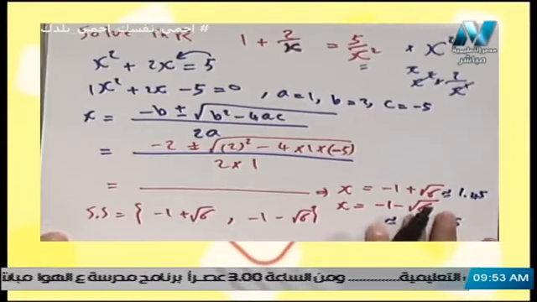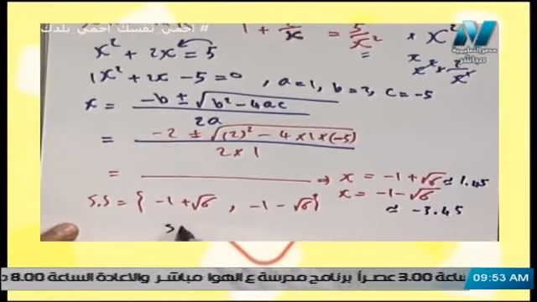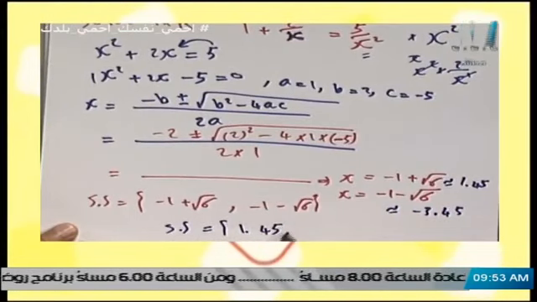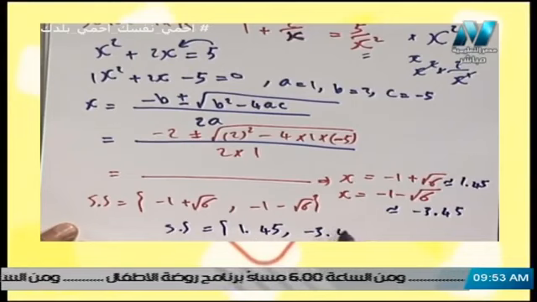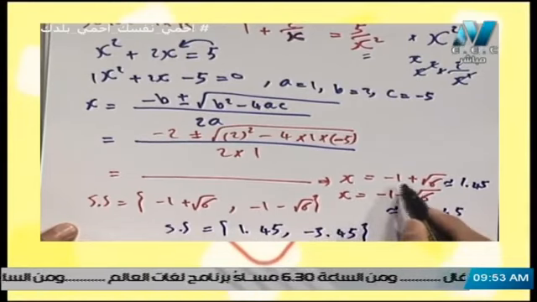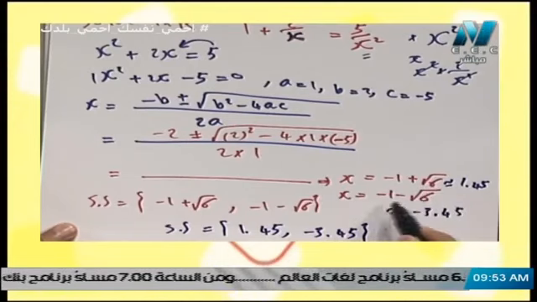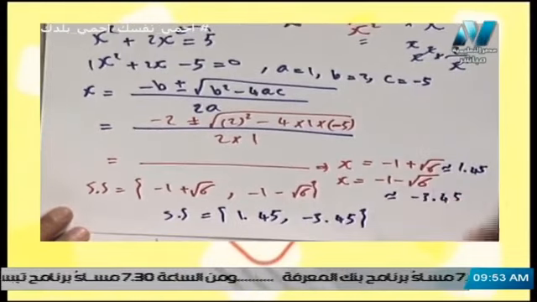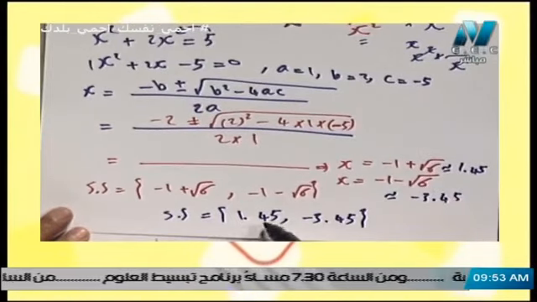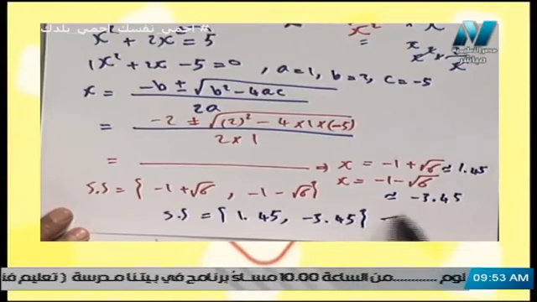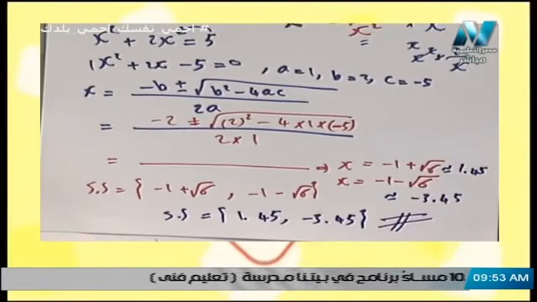So we can write the solution set here: 1.45 and negative 3.45, and the two roots will be negative 1 plus root 6 and negative 1 minus root 6, or we can say that the two roots are 1.45 and negative 3.45, and so we have the solution set of this equation.